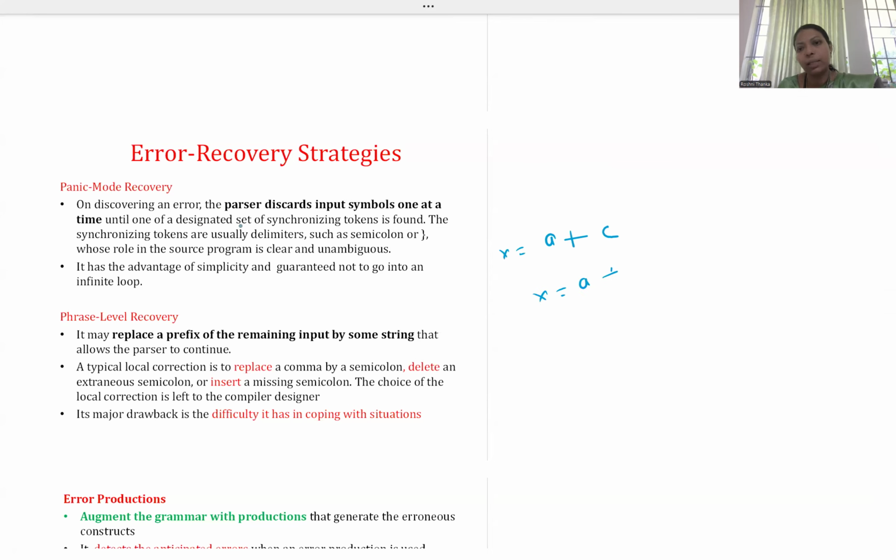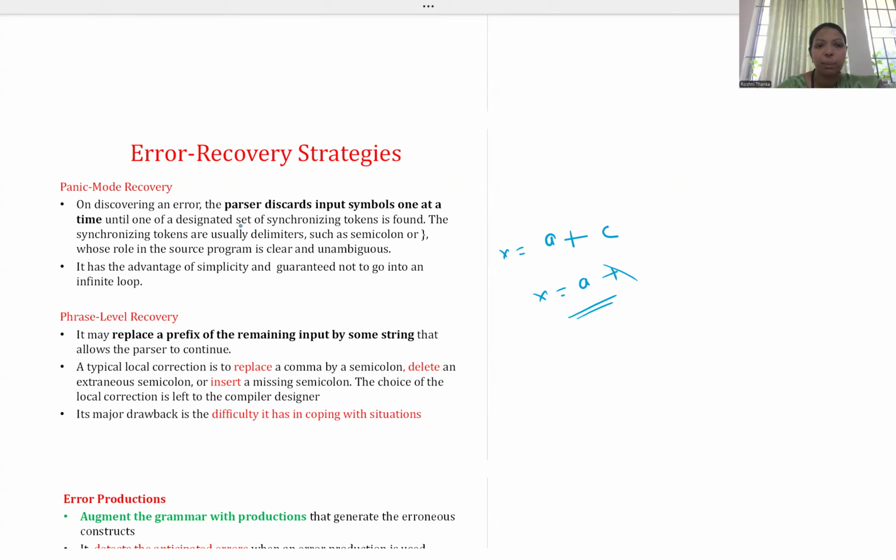So what does it do? It will discard one symbol at a time, and then check whether it becomes meaningful. If there is an open curly brace and it is missing the closing curly brace, it will discard one input at a time, and then find whether it can recover from that. So this is a simple method.